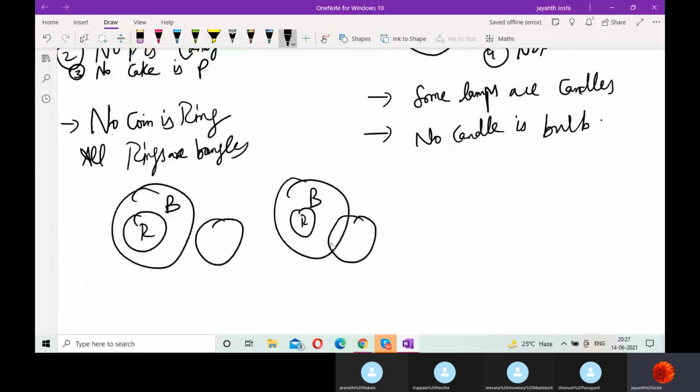It's not a ring, but it can be a bangle. So I can infer if all rings are bangles, some bangles are rings. If no coin is ring, then no ring is a coin, correct?